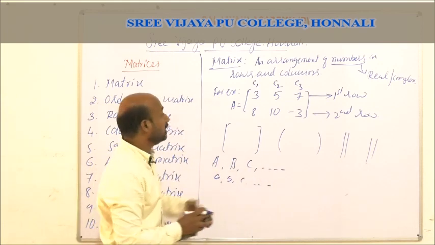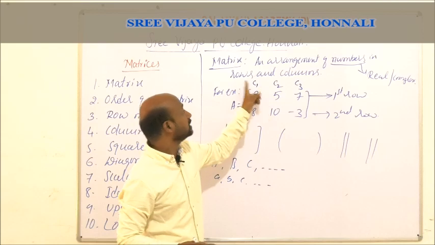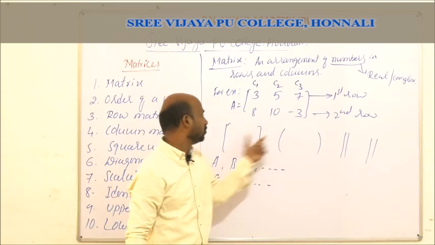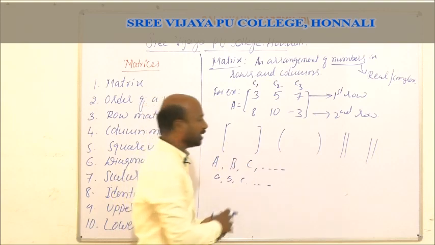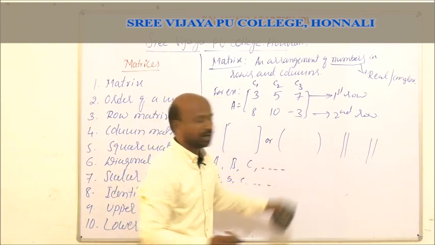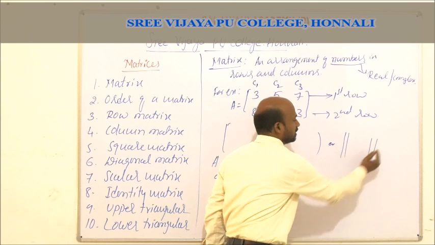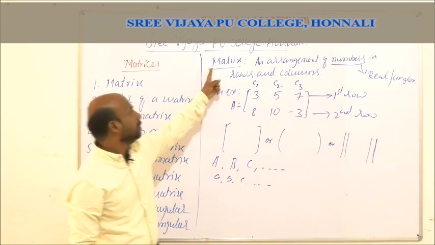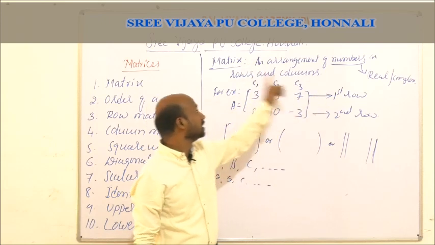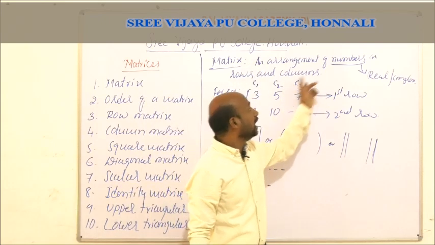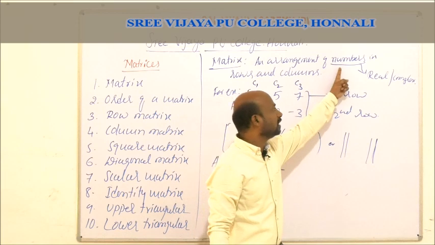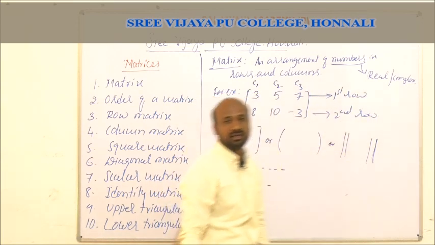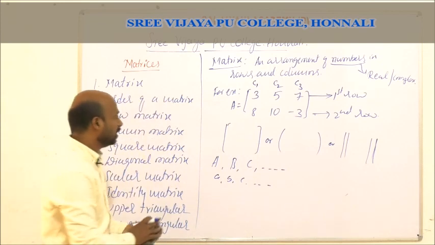The arrangement of numbers in rows and columns is enclosed within brackets; we can use a square bracket or a round bracket. The entries in the matrices are either real numbers or complex numbers.